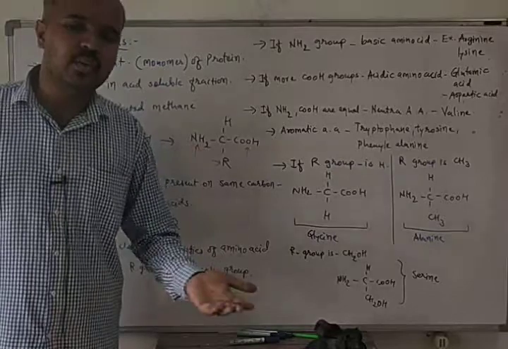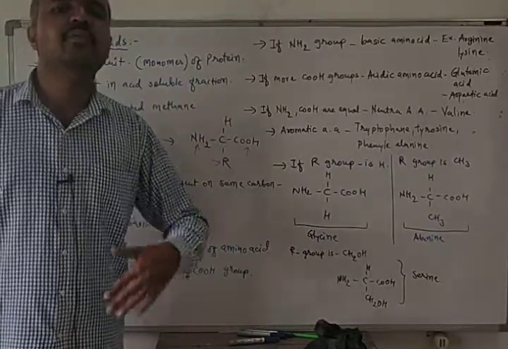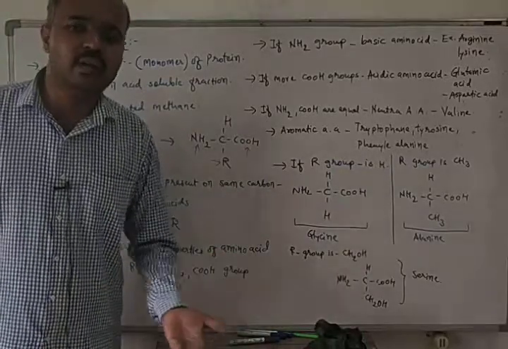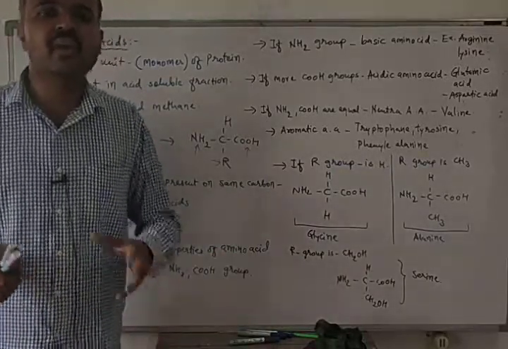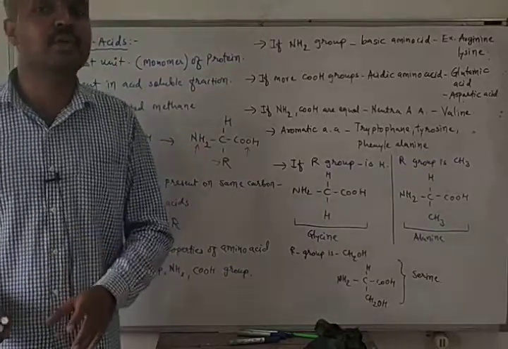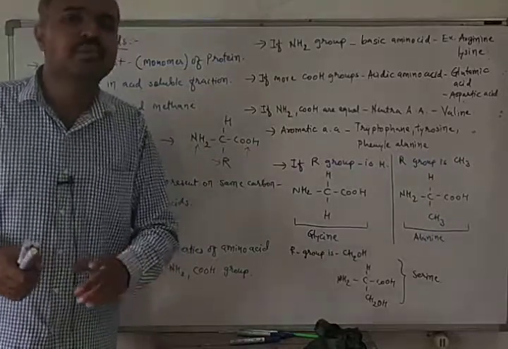If there is R2, then it will be another type. If there is R3, it will be the third type, and if there is R4, the fourth kind of amino acid. In total, we can have 20 types of amino acids based on the type of R group.